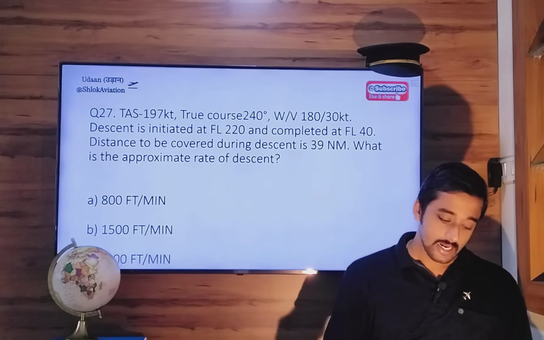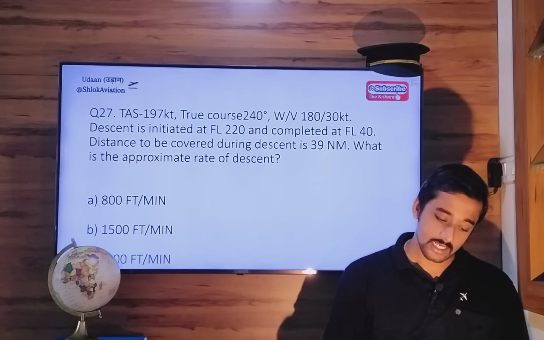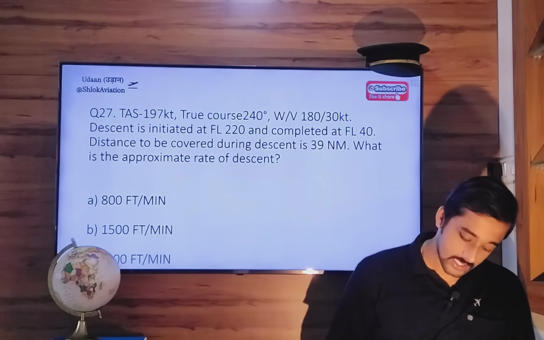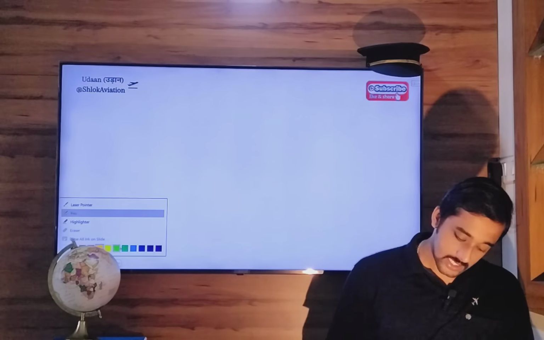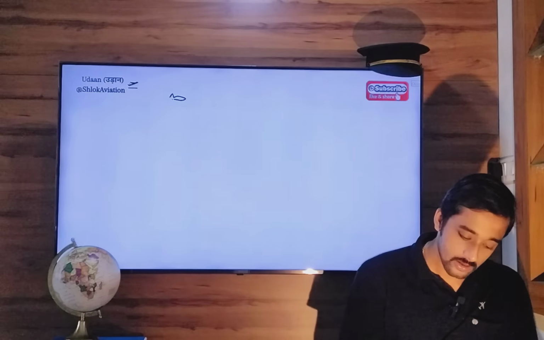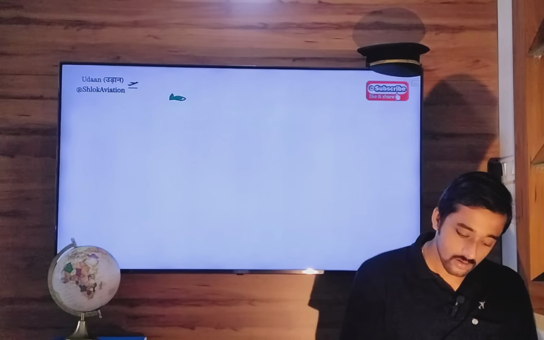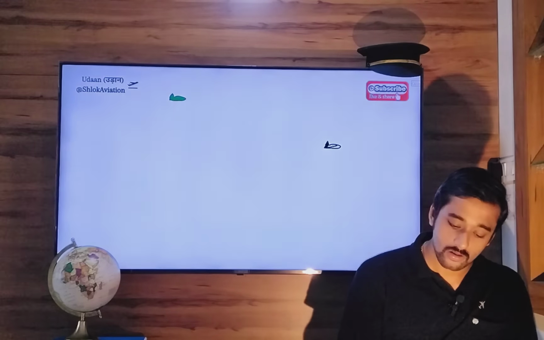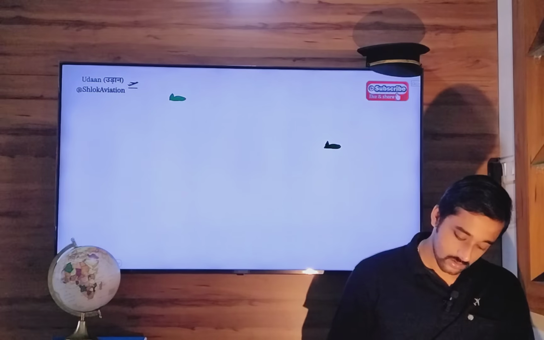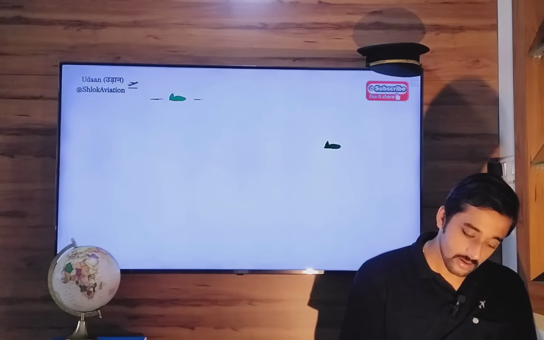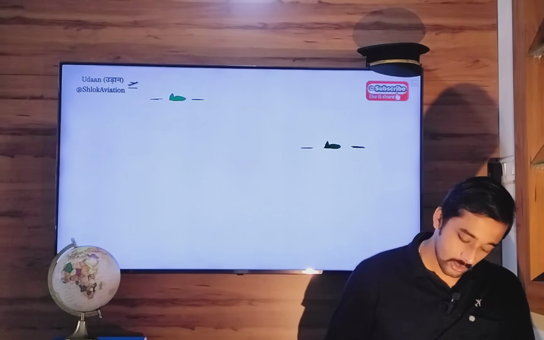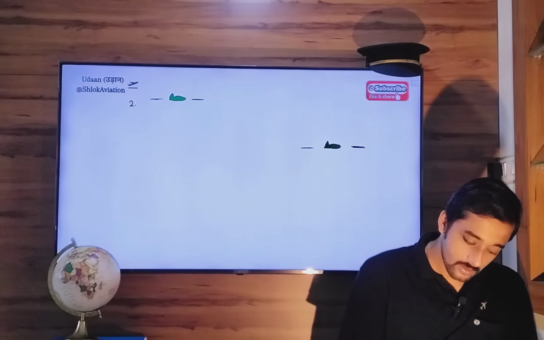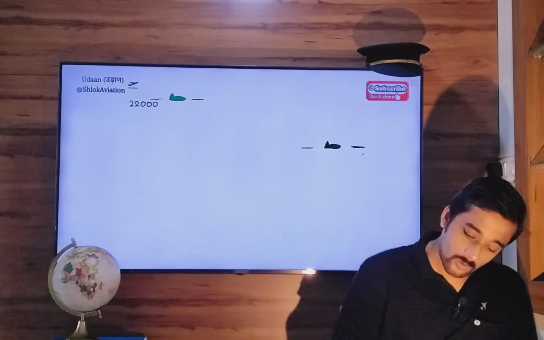Question 27. Task is given: course, winds, descent is initiated, distance is given. What is the approximate rate of descent? So your aircraft is descending from a particular altitude to a lower altitude. It is descending from an altitude of 22,000 to 4,000.